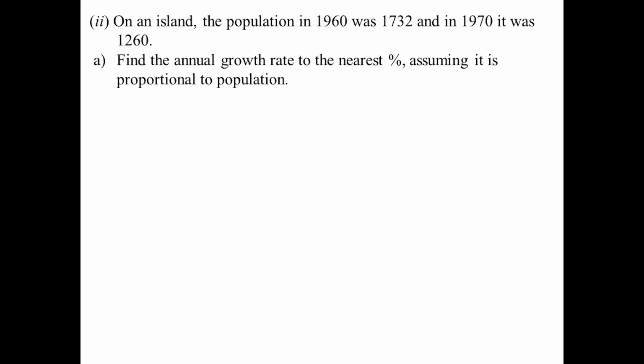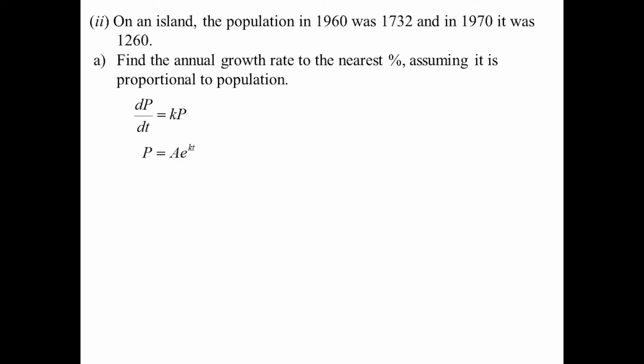So they're either killing each other or, well, I don't know what to do with them, but they clearly don't like each other. Find the annual growth rate, which in fact will end up being a decay rate, assuming that it is proportional to population. So if we assume it satisfies our simplistic model, dP/dt is equal to some constant times the population, it is okay to just jump to the solution.